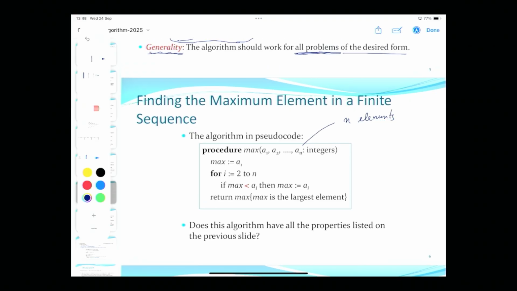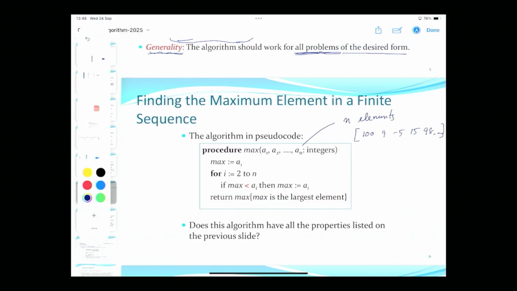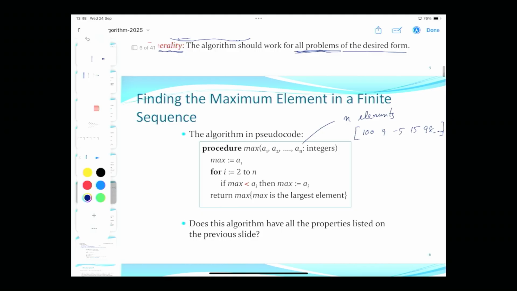This is not a sorted list, so the numbers could be like 100, 9, any number, arbitrary in the list. So how do we find the maximum value in a list of size n? This is just one algorithm that can do it.